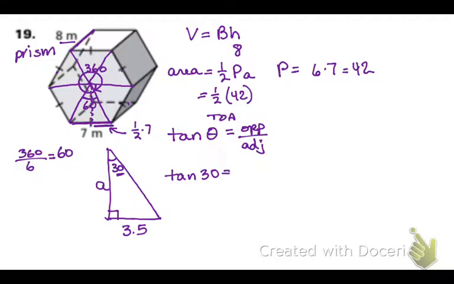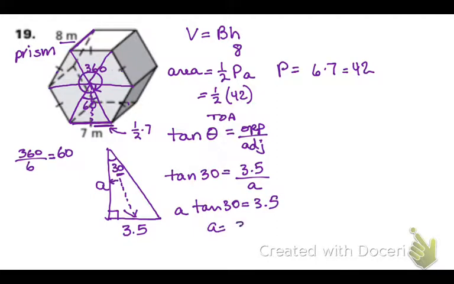It is going to equal the opposite side, which is 3.5, over the adjacent side, the next to side, and that's good old A. So we need to solve for A, so we're going to multiply both sides by A. A tan 30 equals 3.5. A is equal to 3.5 divided by tan 30.